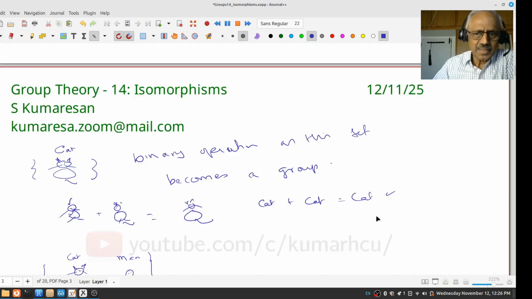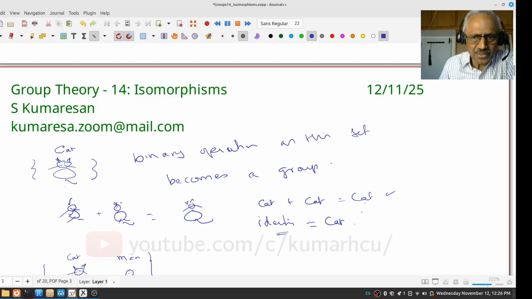The next thing I can ask is, what is the identity? There is only one element, so the identity element is again a cat, because take an element here which is cat, and take the identity element which is a cat. What is cat plus cat? It is cat, therefore it's the identity element.